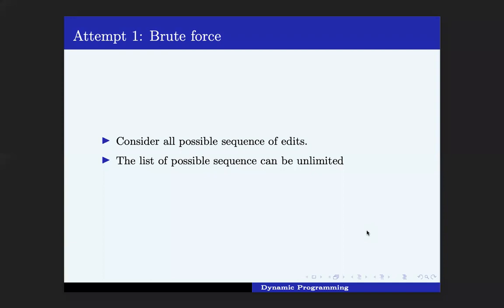How many possible sets of edits are there if the number of edits is 100?